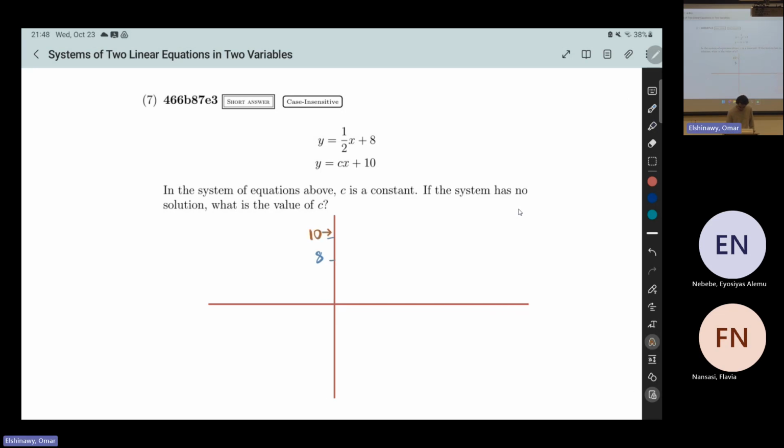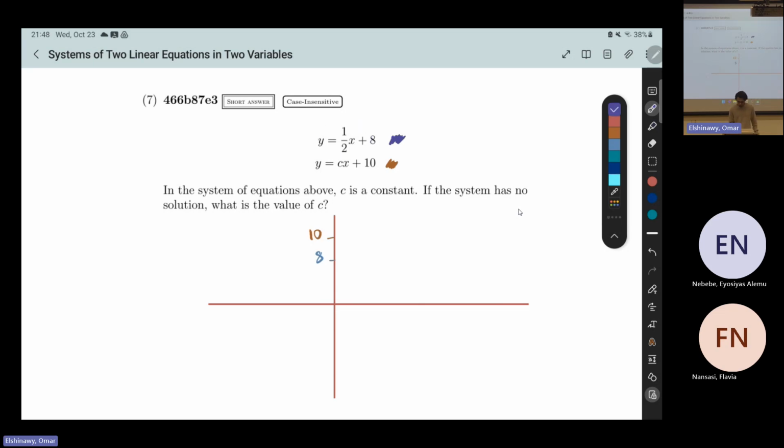Maybe I'll use some colors. So in my mind, this is the brown line, and this is maybe the purple line. So this is this equation.